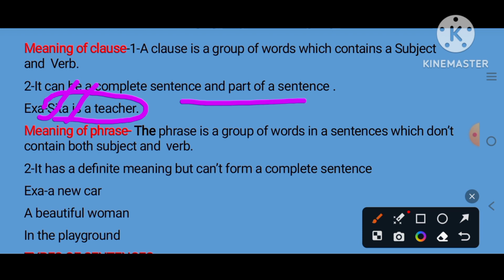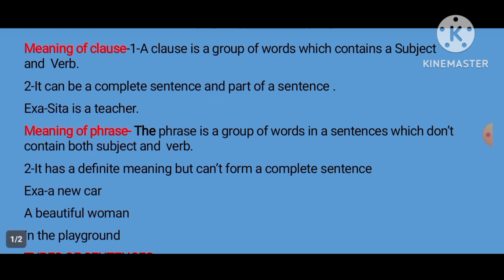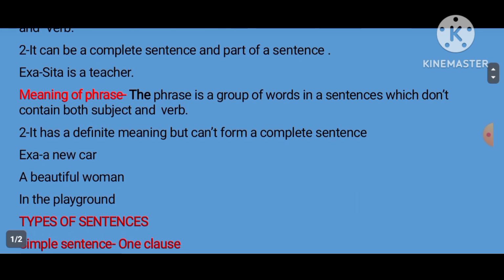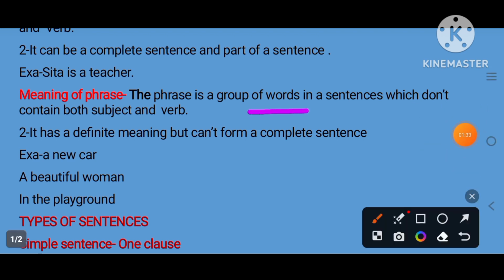Okay. Next, what is the meaning of the phrase? Look at this meaning. A phrase is a group of words in a sentence which doesn't contain both subject and verb. It is a group of words which doesn't have a subject and a verb.